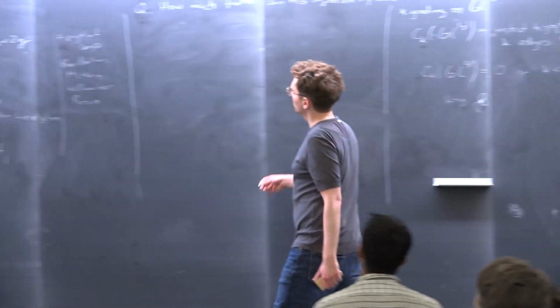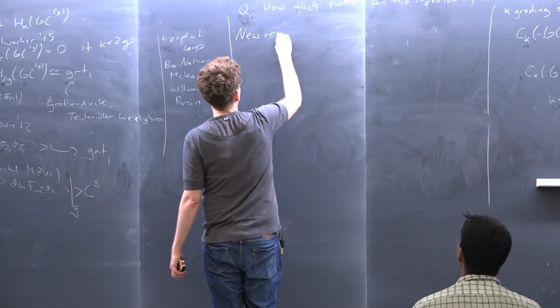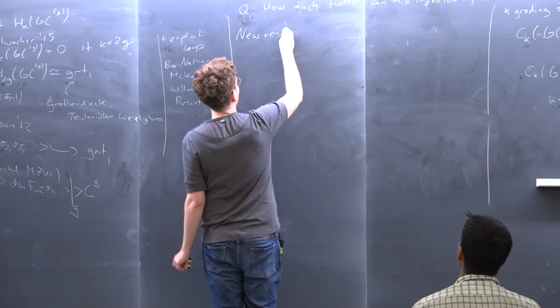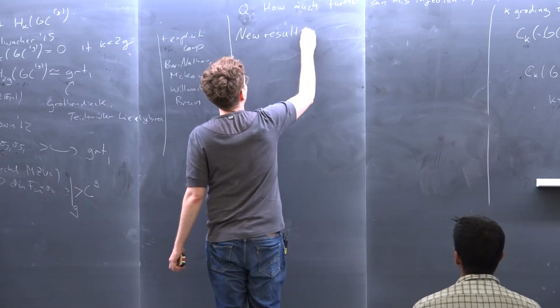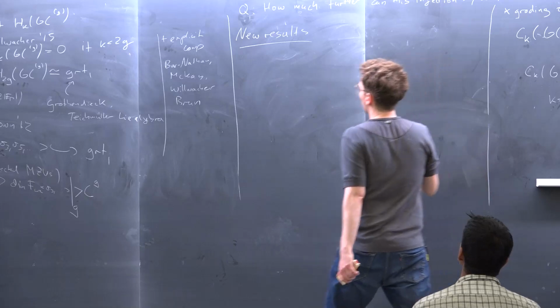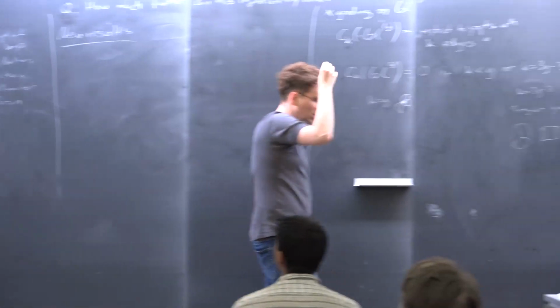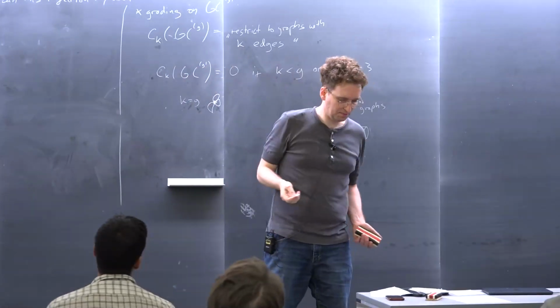And so this is where the results from the paper from last year come in, not so new anymore. And here the theorem is on the Euler characteristic of this graph complex.